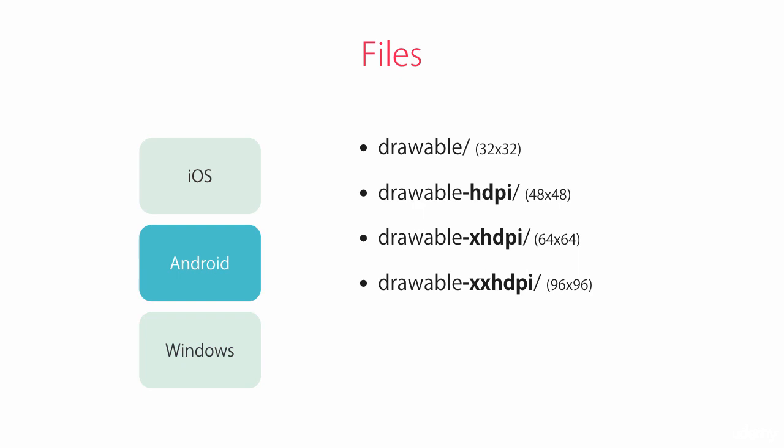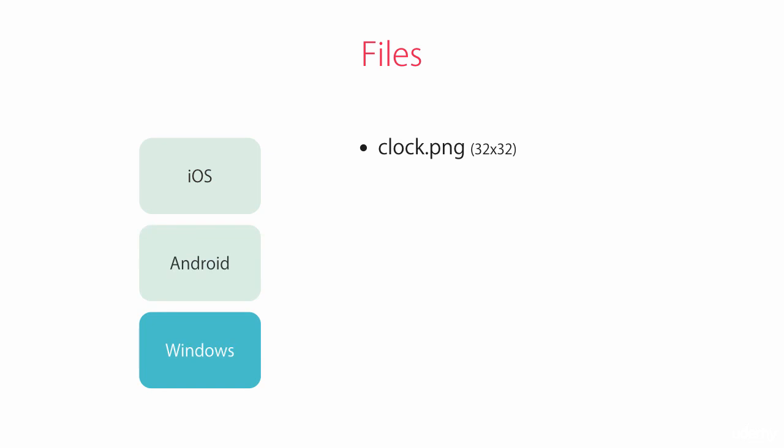We have different folder names, and all these folders start with drawable-. Here, HDPI stands for high DPI, XHDPI stands for extra high, and XXHDPI stands for extra extra high. Now with Windows, I personally am a little bit confused because the documentation is inconsistent.